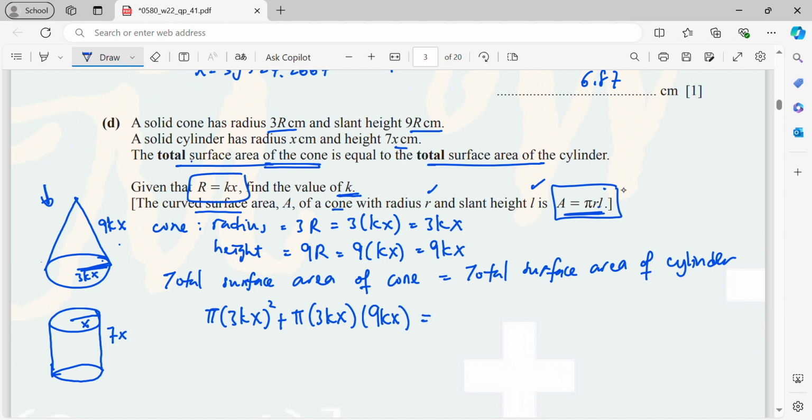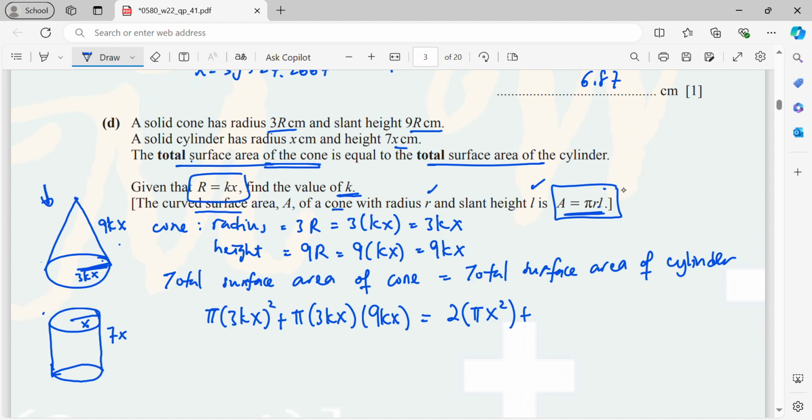Right side, total surface area of cylinder. Here we have two circles, the top and bottom. Therefore, it will be 2 of pi r squared. So the r is x, so I will get pi x squared. This 2 times pi x squared is the top and bottom, the area of the circles.